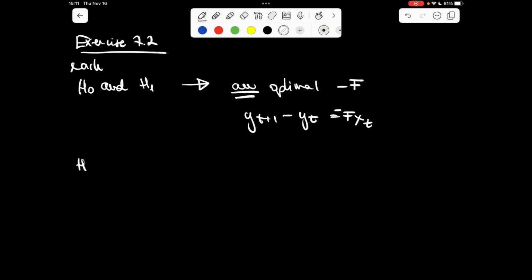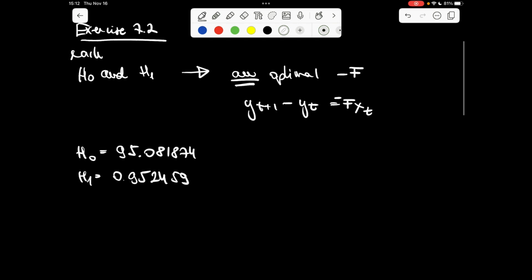To this pair, where H0 is 95.8 0.1874, and H1 is 0.952459.